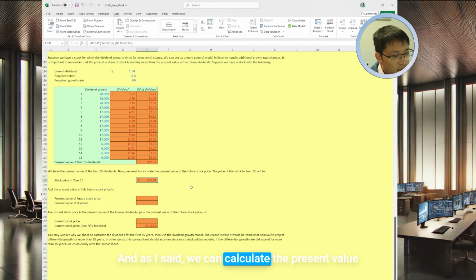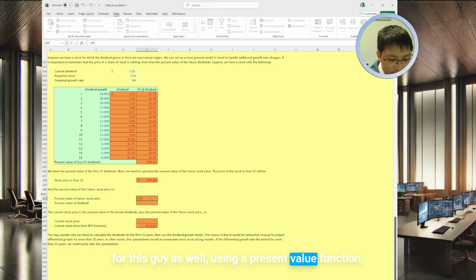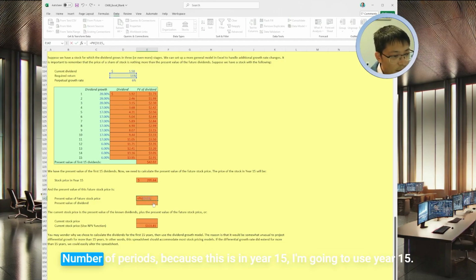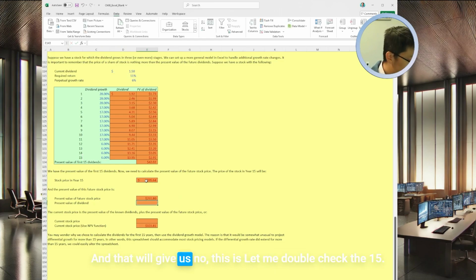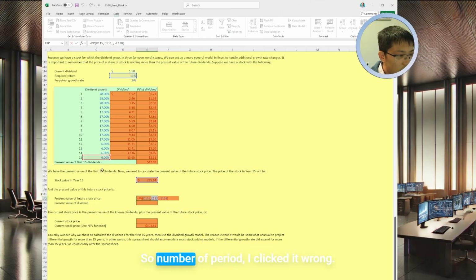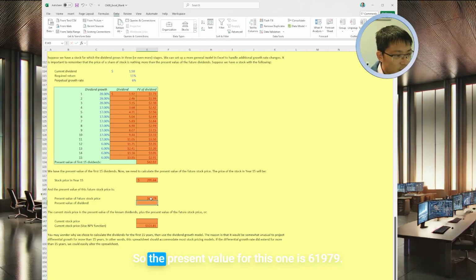And this is the present value of this as well. Use the present value function, the rate per period, because this is year 15, going back from the future value. The number of periods for this one is 6.